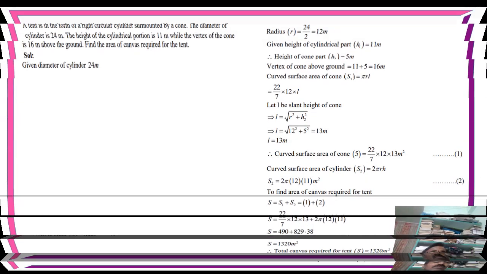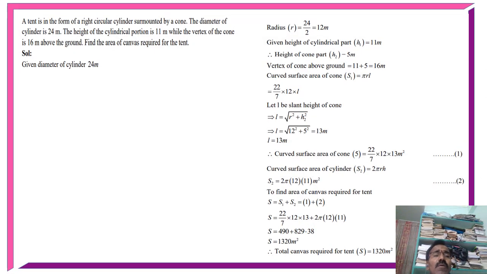Next, a tent is in the form of a right circular cylinder surmounted by a cone. The diameter of the cylinder is 24 meters, the height of the cylindrical portion is 11 meters, while the vertex of the cone is 16 meters above the ground. Find the area of canvas required. Here we take the CSA of cylinder plus CSA of cone.